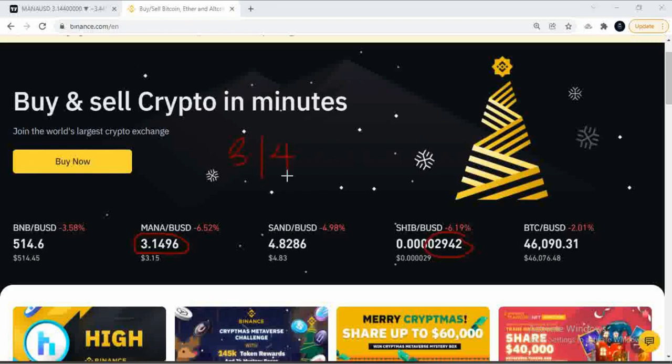You have MANA trading at 3.1496, and let's say the price changes from 3.1496 to, maybe just drop to, 1.340.